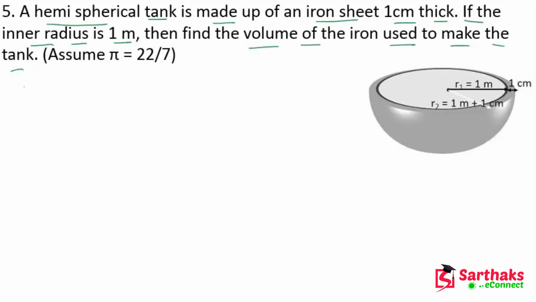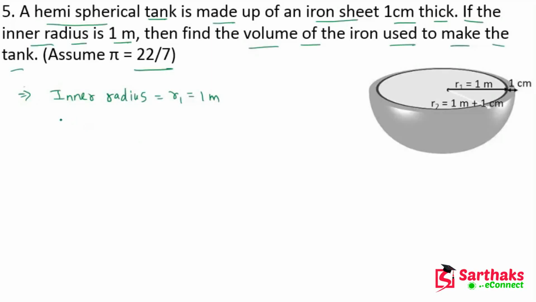Here we can take pi equal to 22 upon 7. Now you can see in the figure, the inner radius, let's suppose this is r1, is equal to 1 meter.